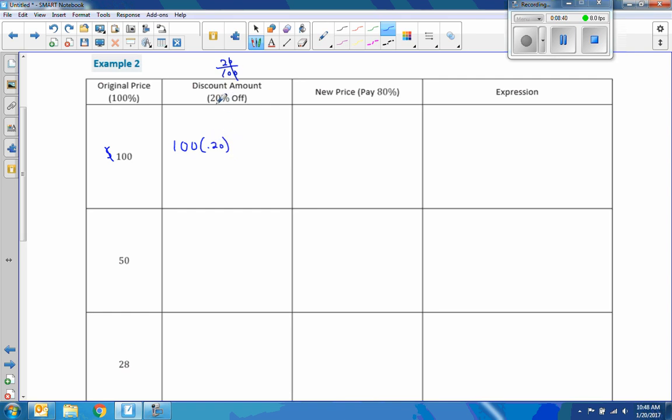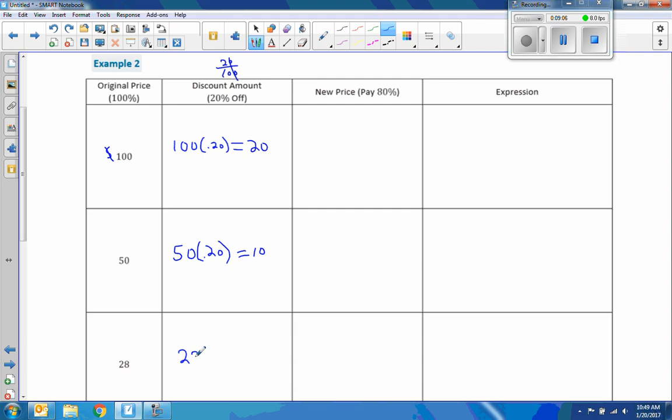So it just moves the decimal 2 places to the left. And when I multiply 100 times 0.20, I get 20. So if I do the same down here, the original price times 0.20 equals 5 times 2 is 10. Then it moves the decimal one place.